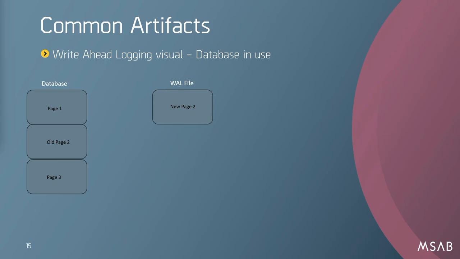So you can see on the left-hand side, we've got page 1, stays as it is, there's been no changes. Page 3 is the same, but page 2 has got new content within it. Now, if we just examine the database on its own, it would have the old entries, but once we'd committed with the write-ahead log file, we would get the new entries. So it's worth bearing in mind when you're dealing with these files.